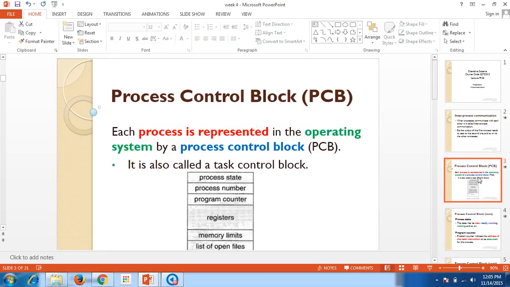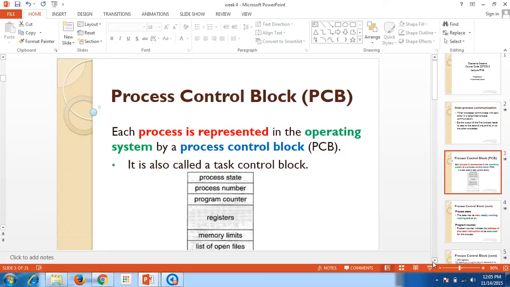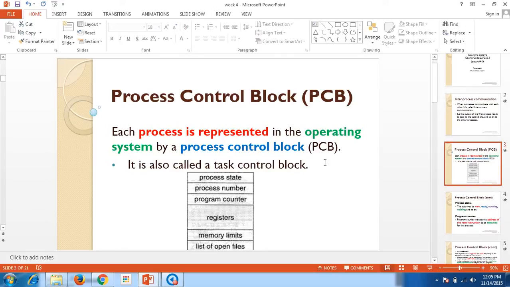Process control block. What is process control block? A process is represented in the operating system by a process control block. Another name that we can use is task control block. So how do we represent a process in memory?